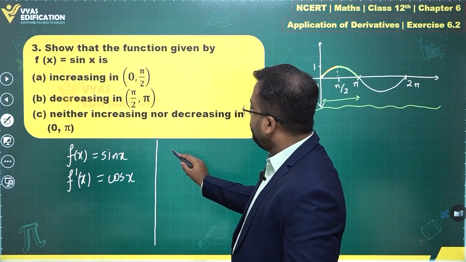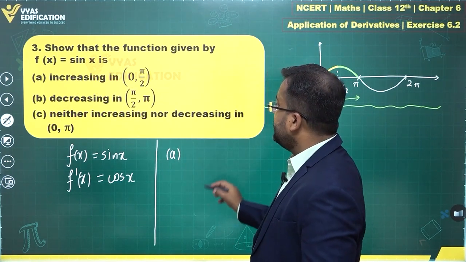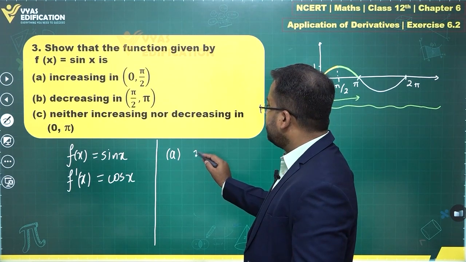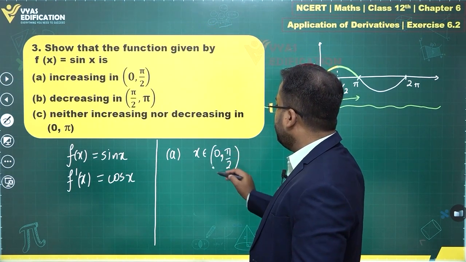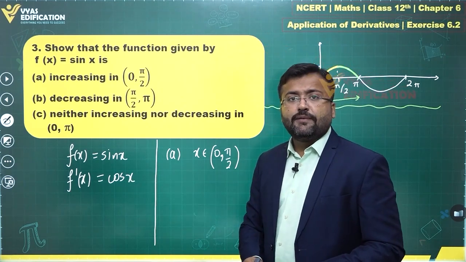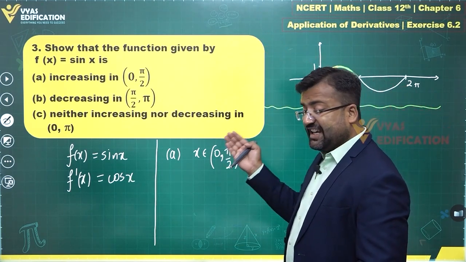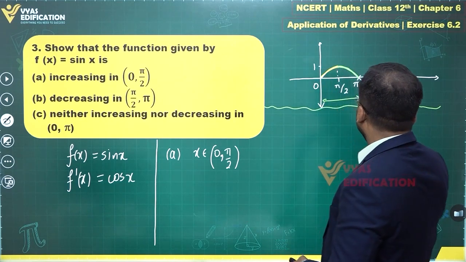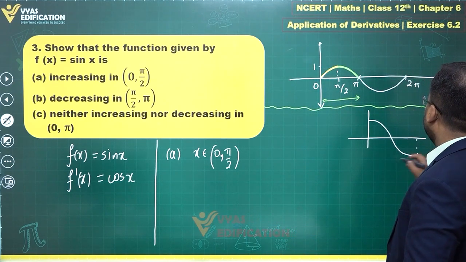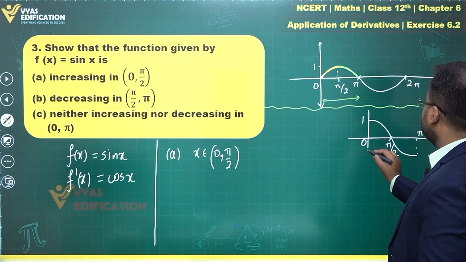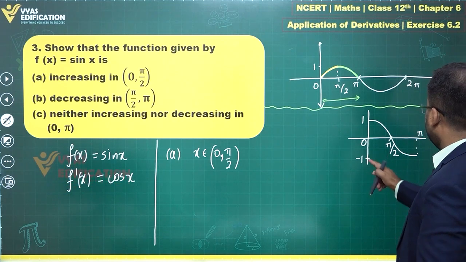For the first part A, what do we have? x belongs to (0, pi by 2). In this interval, what will the values of cos x look like? The graph of cos, as you may observe, moves in this manner. This point is pi by 2, this is pi, this here is 1, this is 0, and this will be minus 1, the lowest point.